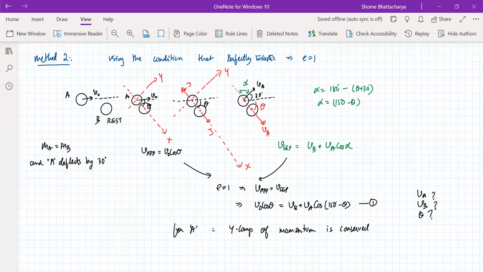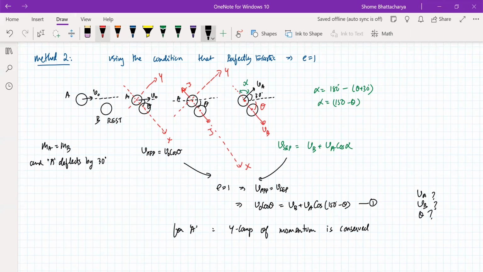For A alone, should the Y component of momentum be conserved? Yes, sir, because impulse is acting only along the line joining the centers, right? Very good. It is because the impulse acting on A is along minus I cap now. So there is no impulse along J cap. So the momentum is conserved.